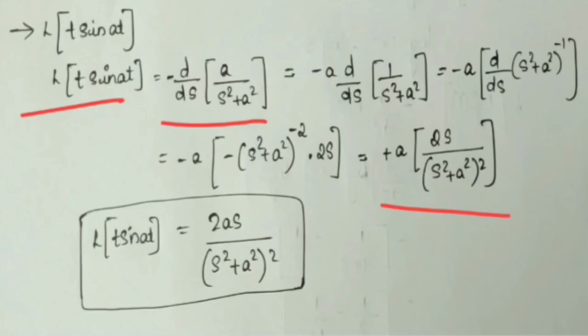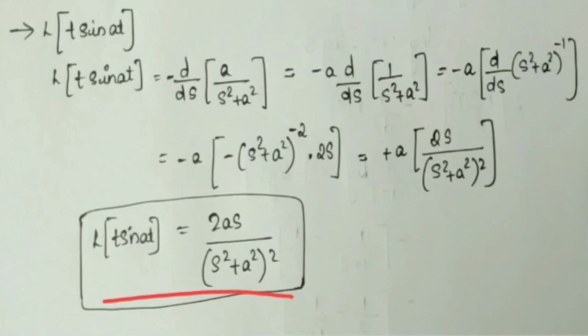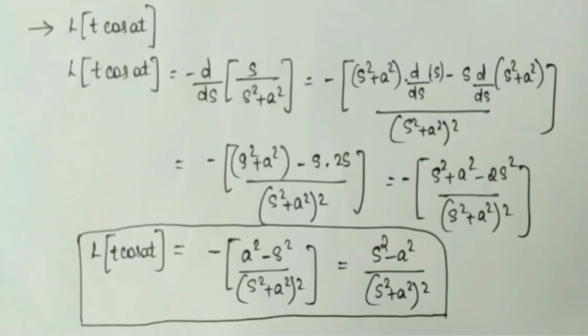So plus a into 2s by (s square plus a square) raised to minus 2, so we'll take this to the denominator. So it becomes (s square plus a square) the whole square. Therefore, Laplace of t sin at is equal to 2as by (s square plus a square) the whole square.